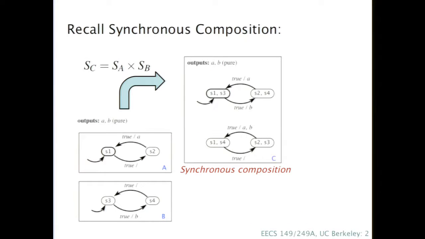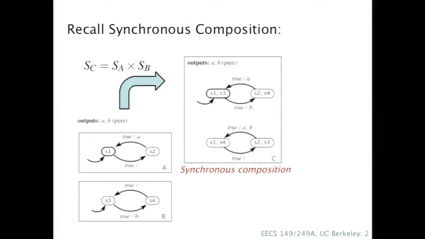Okay, so just as a reminder, we talked about synchronous composition, and here's a very, very simple example. Two state machines with no inputs. Again, I want to remind you that one of the key principles in our state machine formalism is that the state machine itself doesn't decide when it reacts.